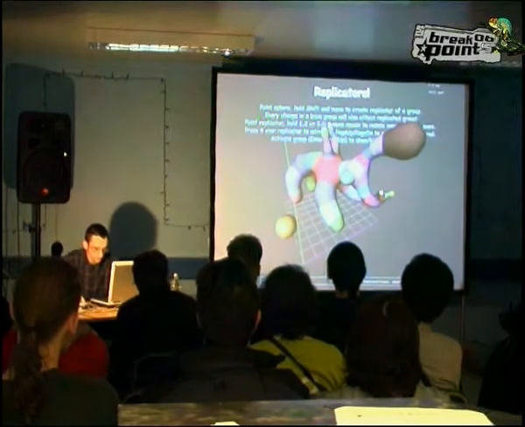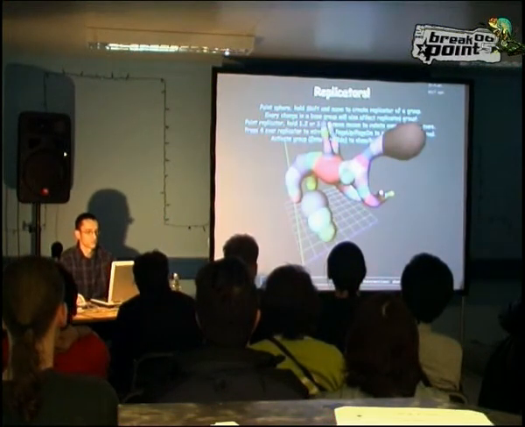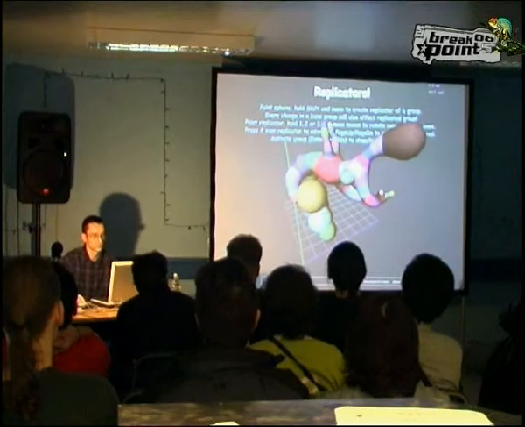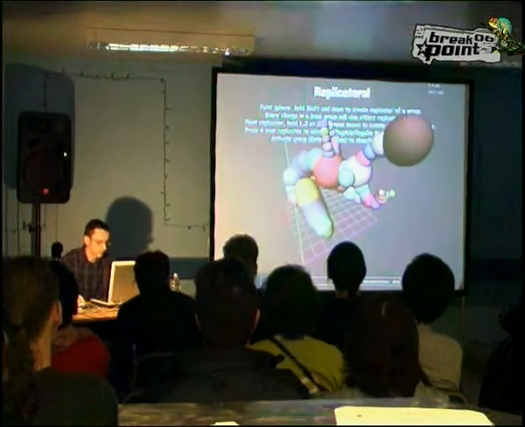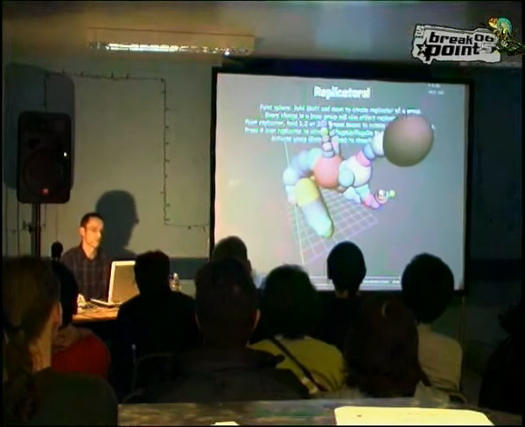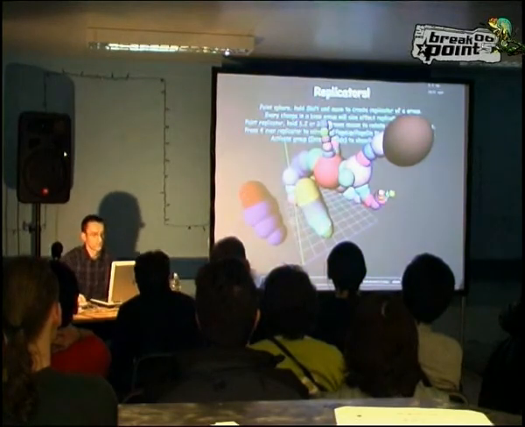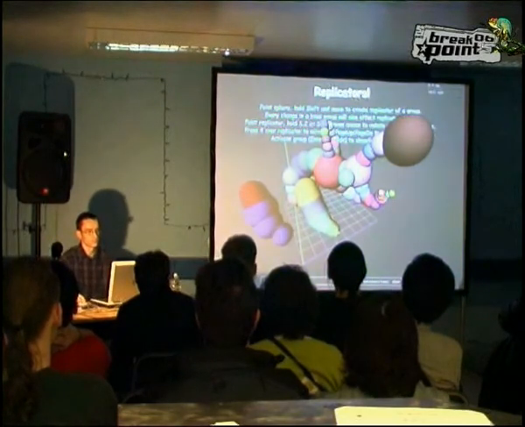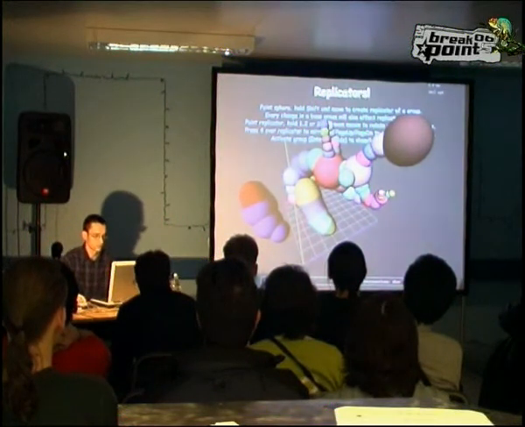You can do the same here with a group of spheres, and let's say we want to replicate a group. We just move it, and every change here also changes the replicated group. This is just another instance.